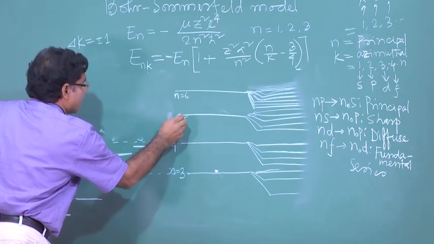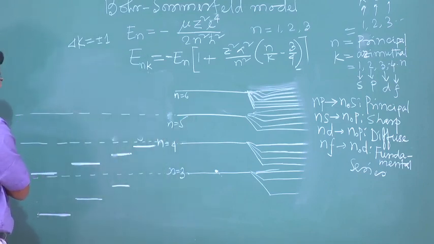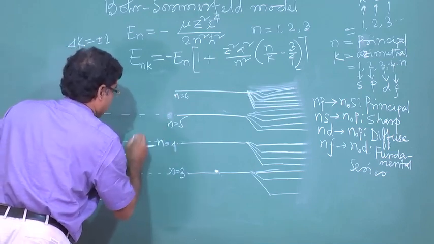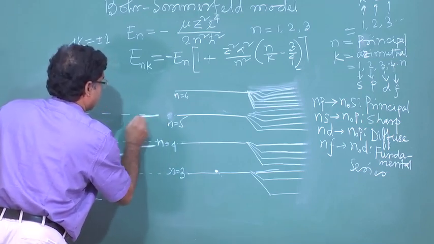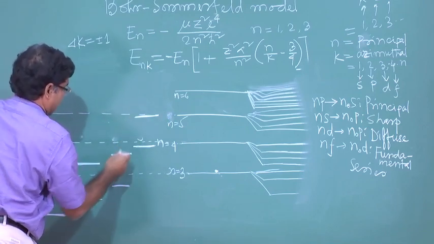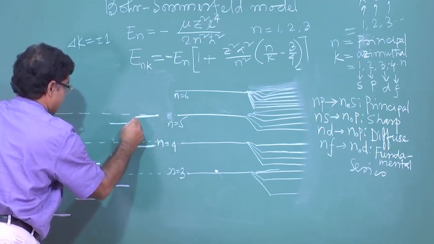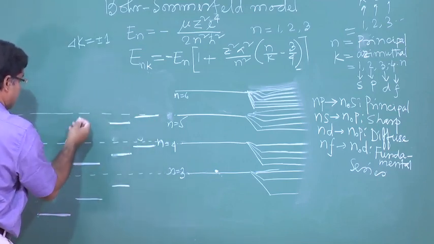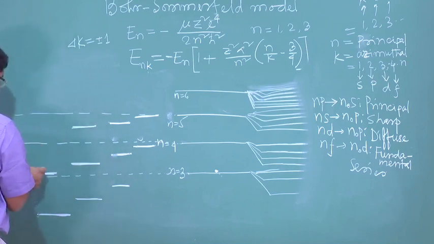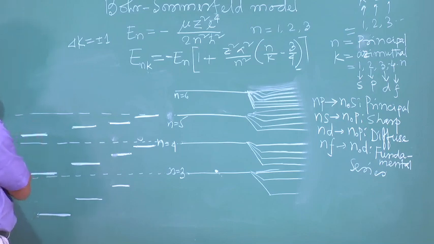Now for n equal to 5, again we will get F, D, P and then S. Okay.